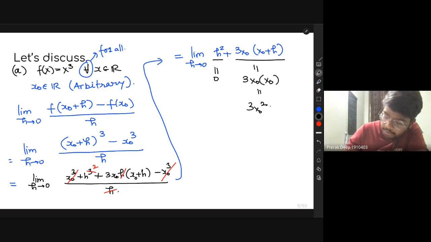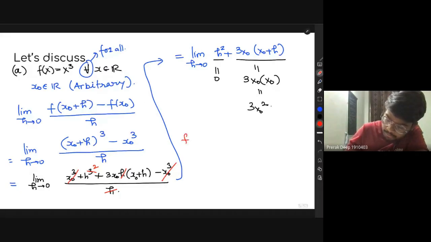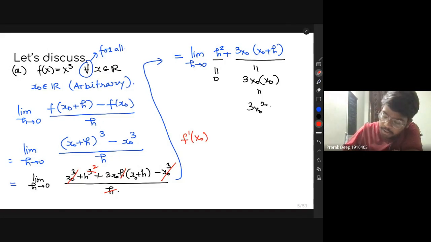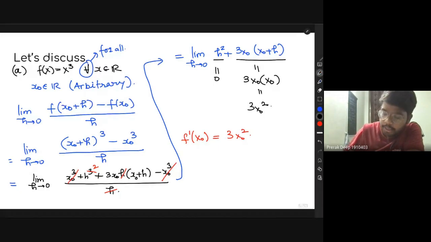Okay, so in particular, what we have gotten is f prime of x naught is equal to 3x naught square. And since x naught was arbitrarily chosen, I can simply write that f prime of x is nothing but 3x square.